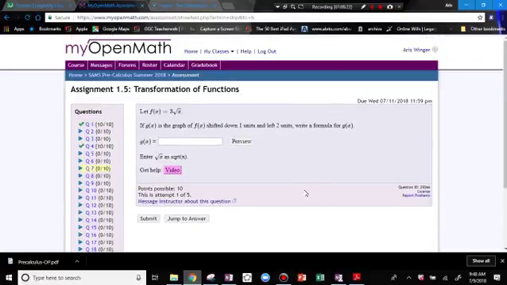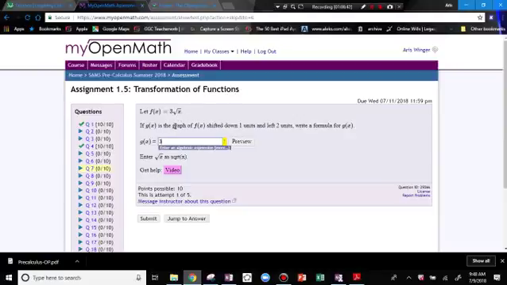There's g of x, shifted 1 unit down and left 2 units. G of x is equal to... Wait, is that the third root or 3 times the square root of x?